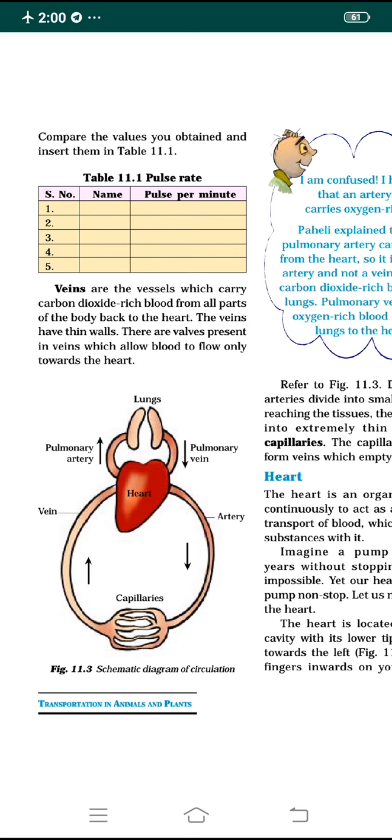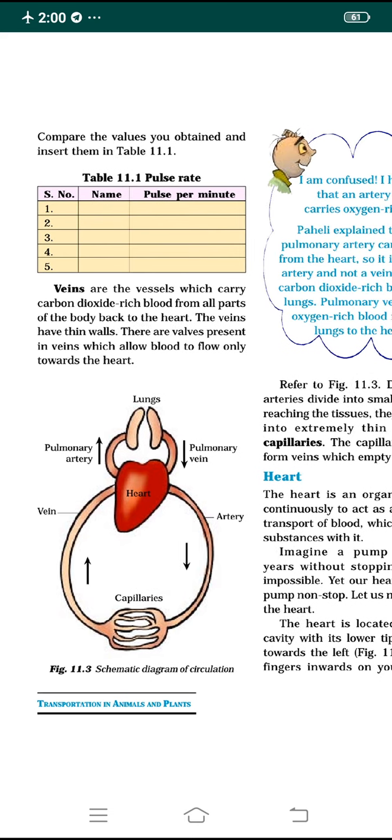From the heart, through the pulmonary artery, it reaches the lungs, and the carbon dioxide is removed through the nose. This is how circulation takes place.